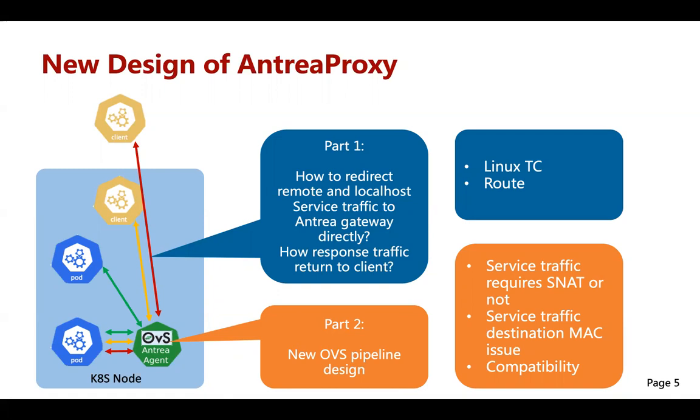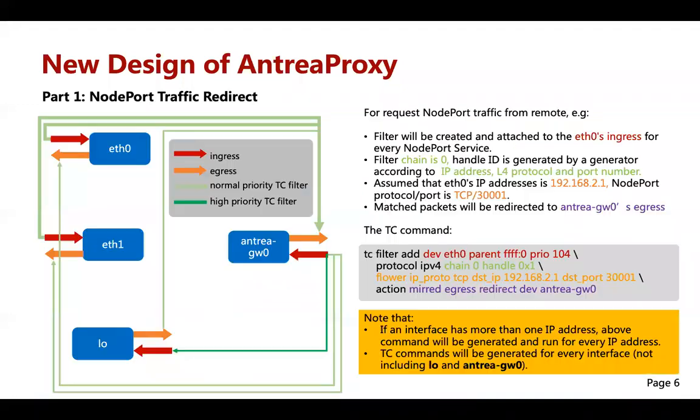There are three main issues. First, how to do SNAT for source traffic. The second one, how to handle the destination MAC address of the response traffic. Then the third one, compatibility with the legacy design.